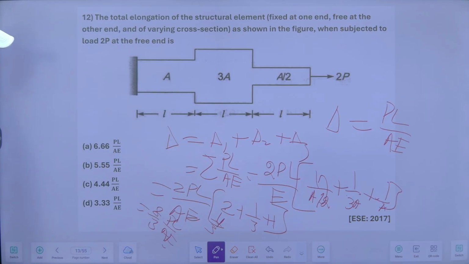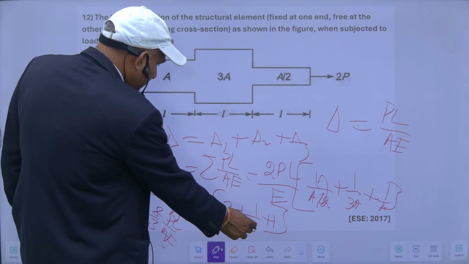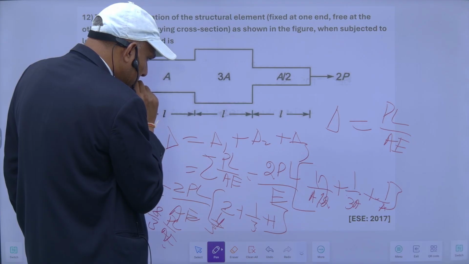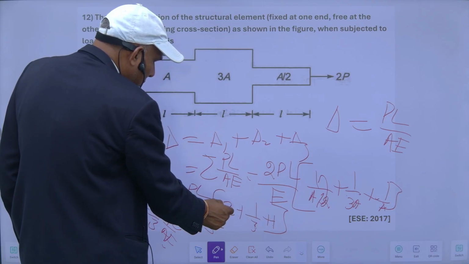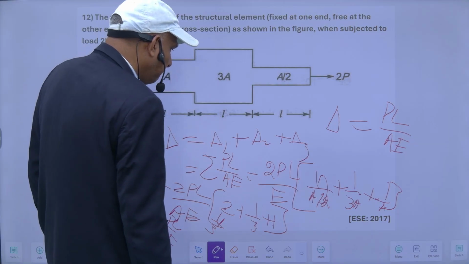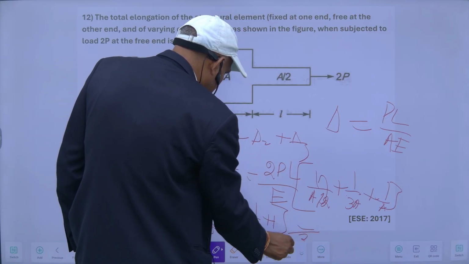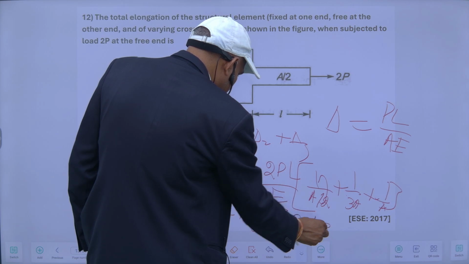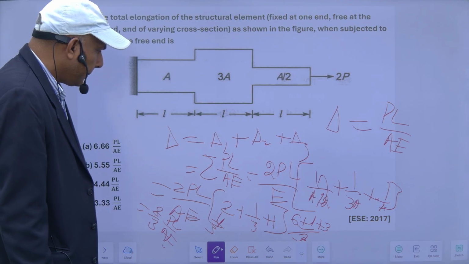So 8 by 3, no, it will not be that, it will be 3 plus 2... it will be 10 by 3.